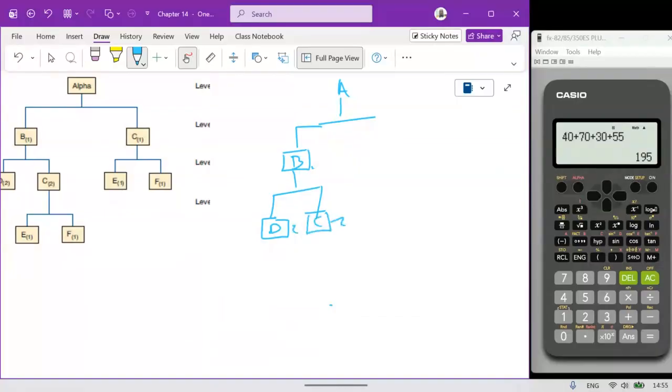Then, if this is its own level, I'll make another line here. You'll know why just now. So L0, L1, L2. Then C has more products under it, which is E and F. They're both 1, 1.